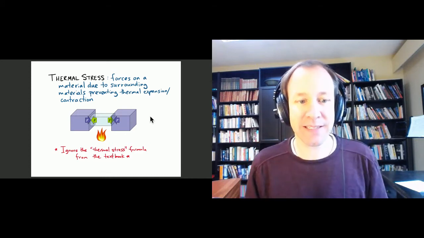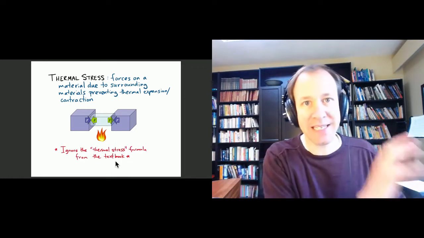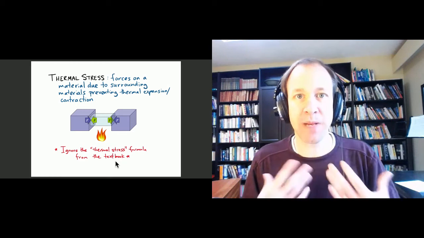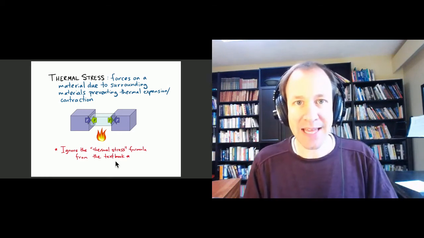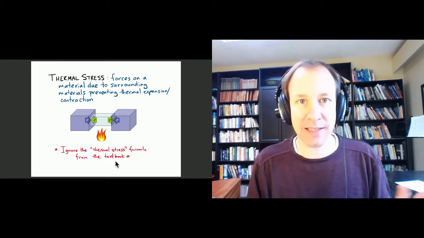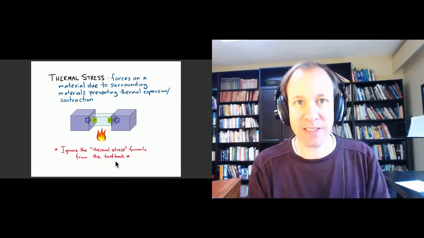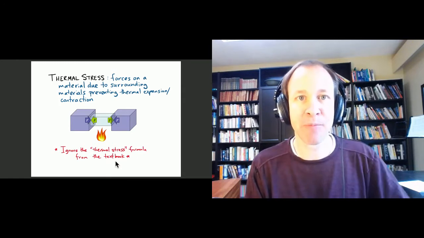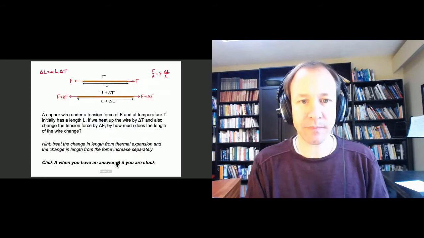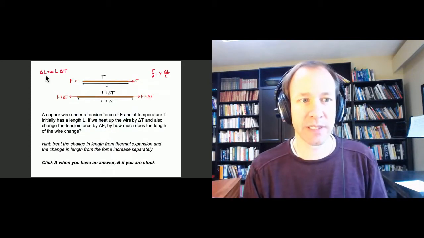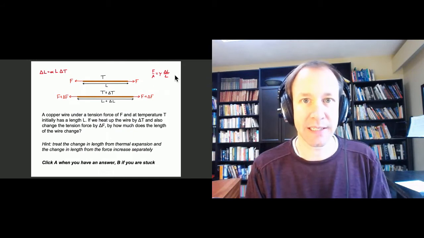So my advice is actually to ignore the formula in the textbook. We were able to derive it easily last time just by the idea that you have one change in length due to thermal expansion and then a compensating change in length due to the forces. Today we'll see examples where that specific formula is not going to apply, but we can still solve the problem just using our thermal expansion formula, which is indicated here, and our Young's modulus formula, which is indicated here.